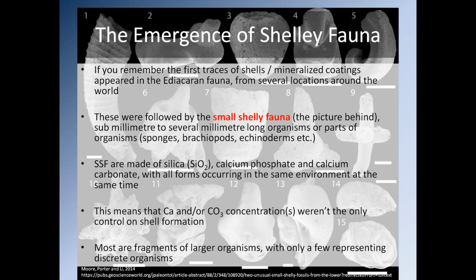If it was all to do with the amount of calcium carbonate dissolved in seawater, and we saw that as we move into the Cambrian the amount of calcium carbonate has gone up significantly, well, that's going to encourage the formation of organisms that have calcium carbonate shells. And so we should see the shelly fauna being dominated by lots of calcium carbonate shelled organisms. If it was all due to the amount of calcium dissolved in seawater, we should see that the small shelly fauna would be dominated by calcium phosphate and calcium carbonate organisms.